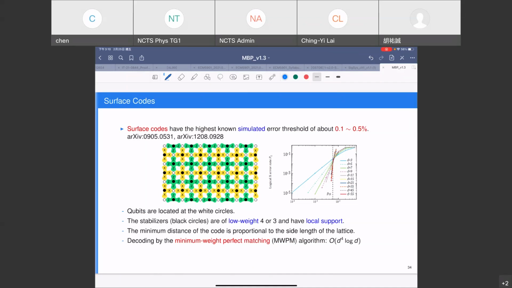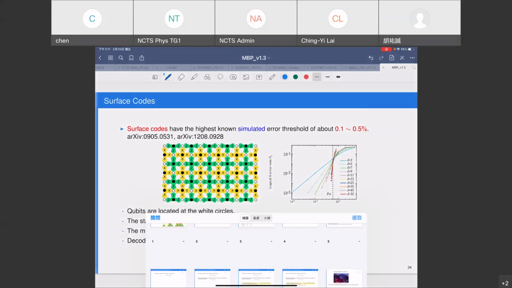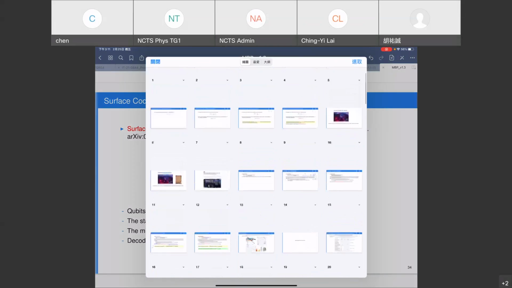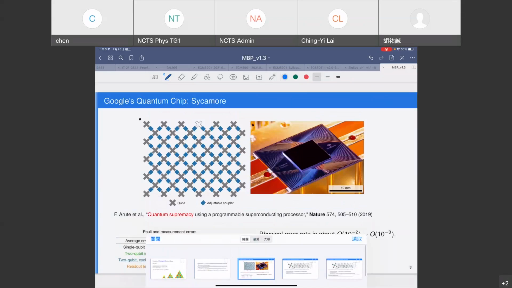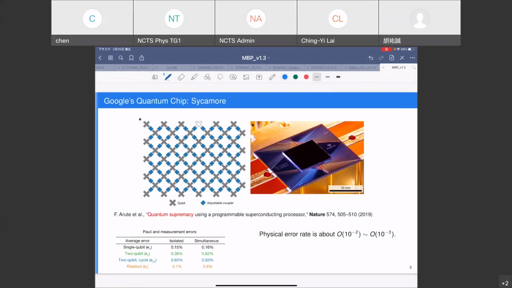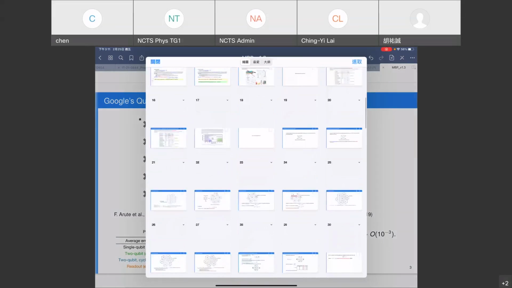You can see this layout is the blueprint for Google and IBM's quantum computers. This is a surface code, and they are using the surface code.